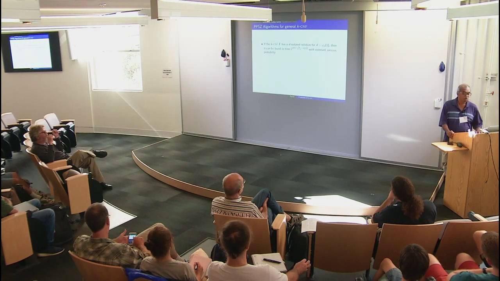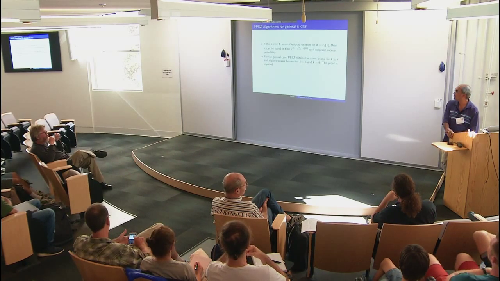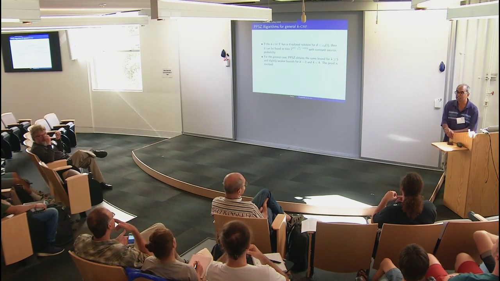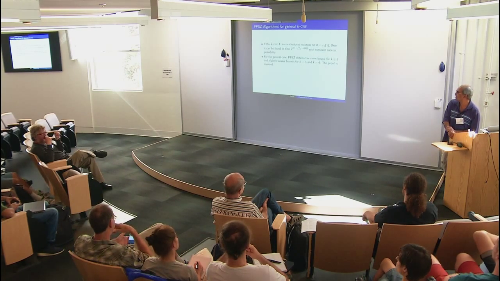Let me do one more slide, and then we can stop. For the general case, as I mentioned, the analysis or the extension turned out to be much more complicated, and we had to use various ways of balancing various things, and we could only extend it for k greater than or equal to 5.